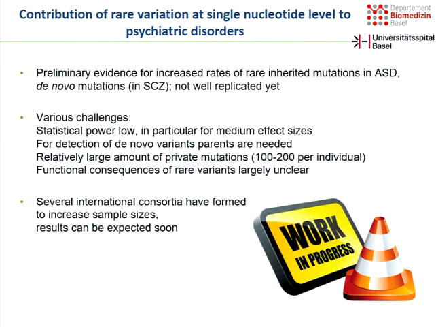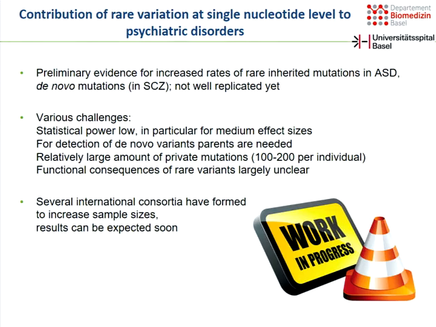If you have really rare variants that have a strong effect size, with odds ratios of like 10, 20, 30, then you would also see them in smaller sample sizes, but there will be a lot of medium effect sizes that we only see in large samples. Then if you want to look at de novo variants, you need parents. That is also a limiting factor sometimes because you have to recruit the parents, you have to sequence them, which costs a lot of money.